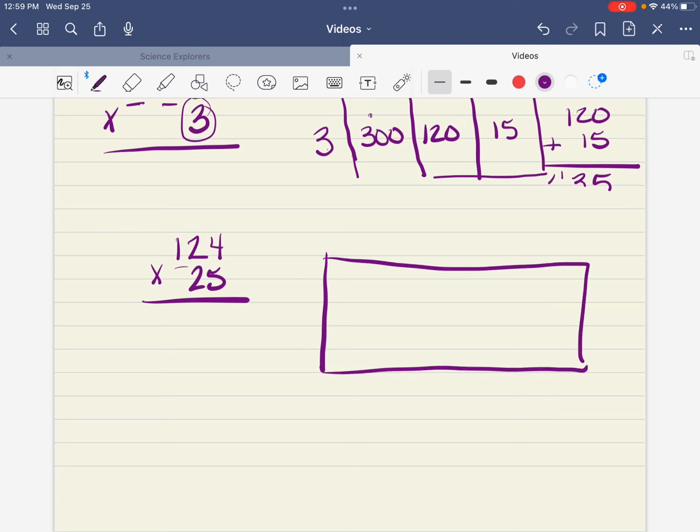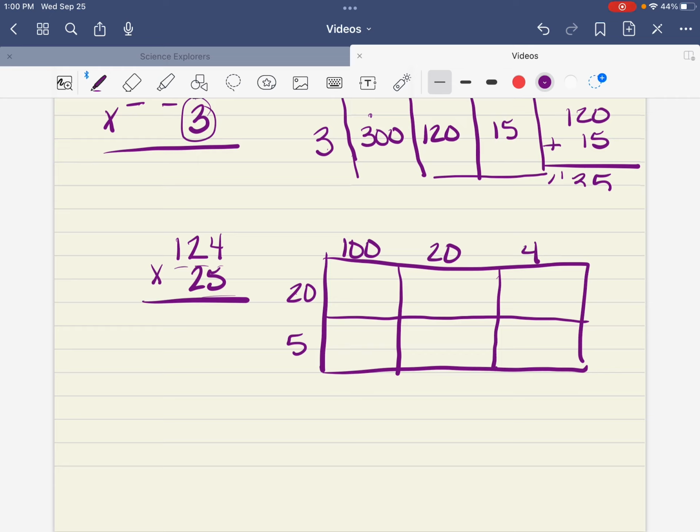Now I have 3 digits on the top row, so I need to make this into 3 columns. And we're going to decompose that into 100, 20, and 4. And then 25, so 2 digits on the bottom row. So I'm going to break that into 20 and 5. All right, so I'm going to pause the video right here, and see if you could do this one on your own.